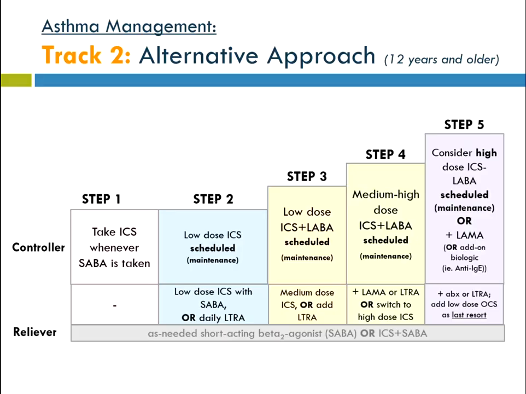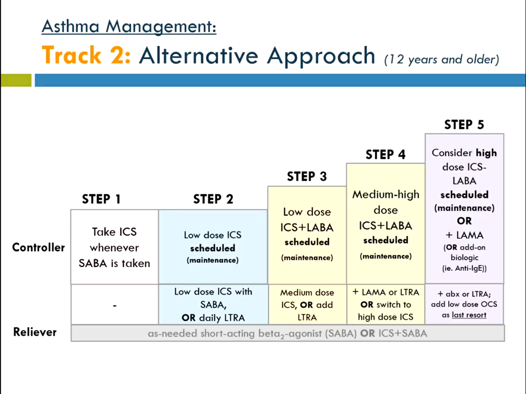Non-preferred, too much increases risk for asthma-related death, paradoxical bronchospasm, etc., etc. Right? So this is where the guidelines actually started: SABA PRN for reliever therapy. Then as time went on, they did studies and clinical trials and realized, oh wait, maybe we shouldn't be doing that.